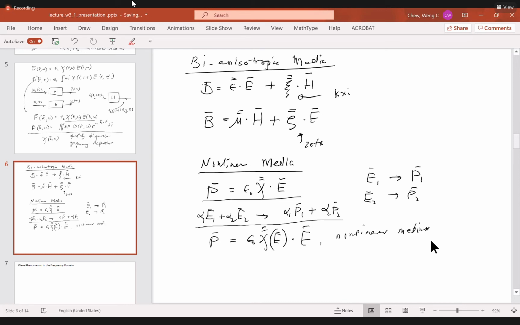And then this kind of medium is usually encountered in optics as well as low frequency electrical engineering. The place where you would encounter this in optics is called a Kerr medium or Kerr effect.